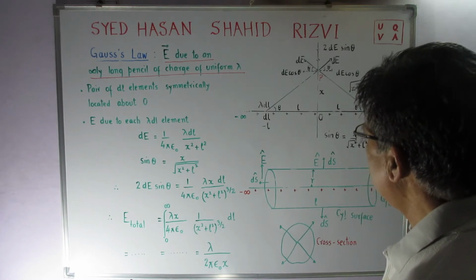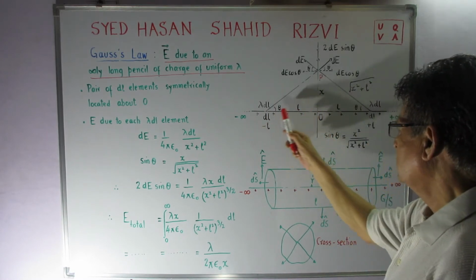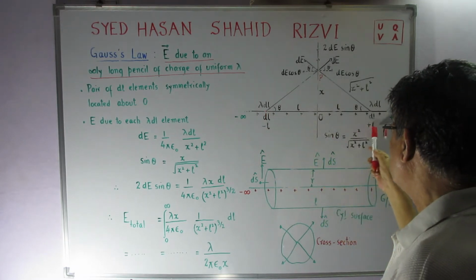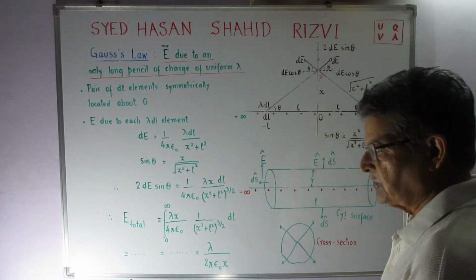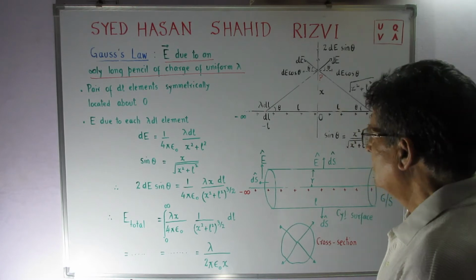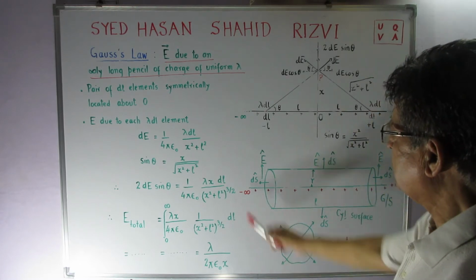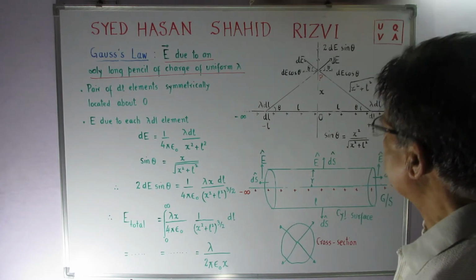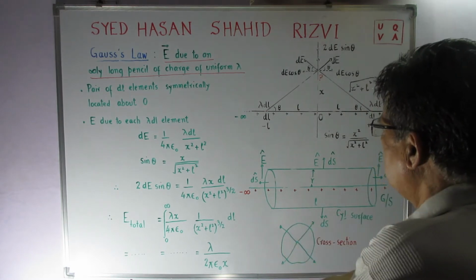Now, I take this element, a varying element L, and this is minus L and this is plus L, located from the center which we have taken for the sake of calculation, and it extends from minus infinity to plus infinity. Now let us see what happens.